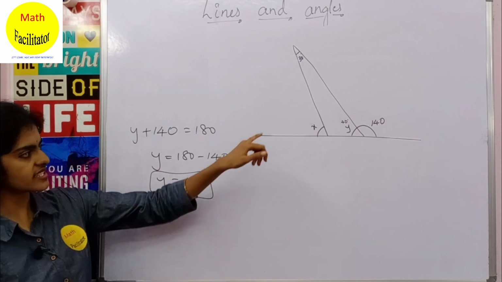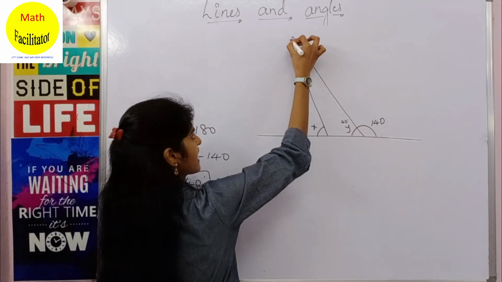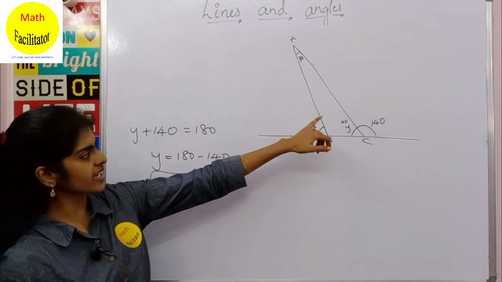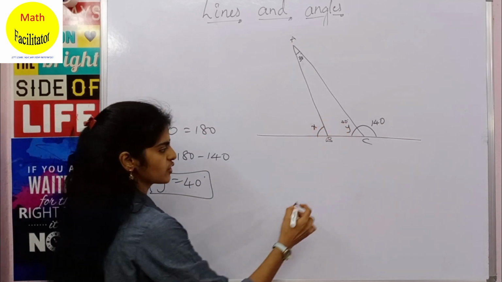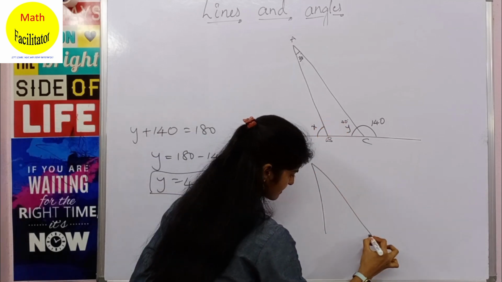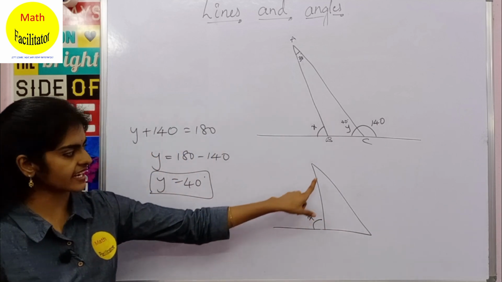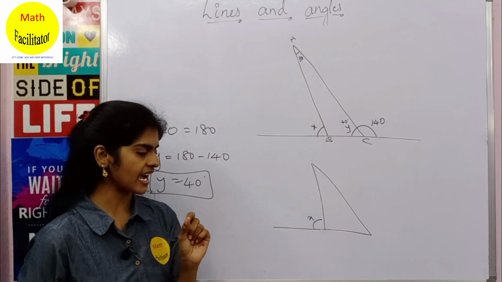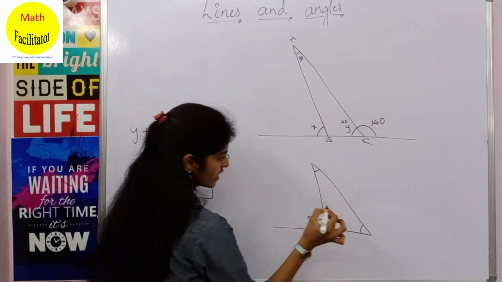Now just see, this is a triangle. If you name it, ABC is a triangle. You can see that this is an exterior angle to this triangle, and this is x. You have learned in the exterior angle property that the exterior angle is equal to the sum of the interior opposite angles.